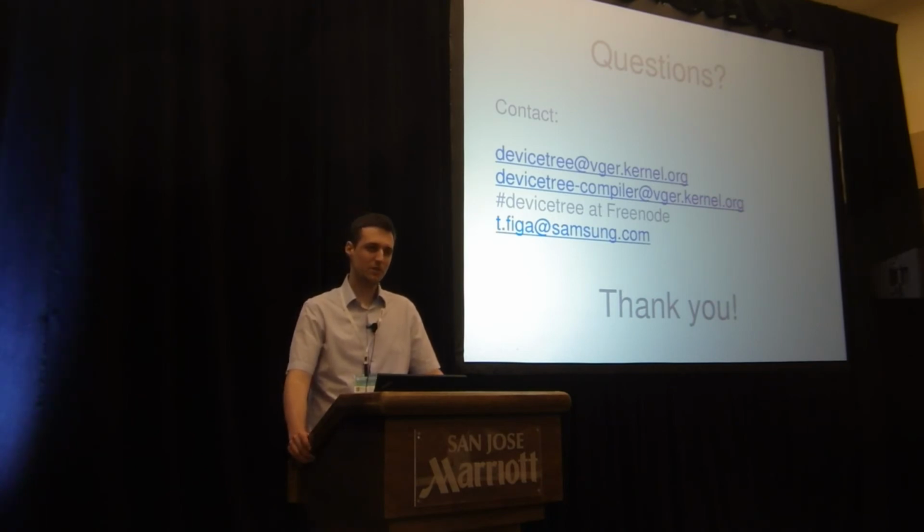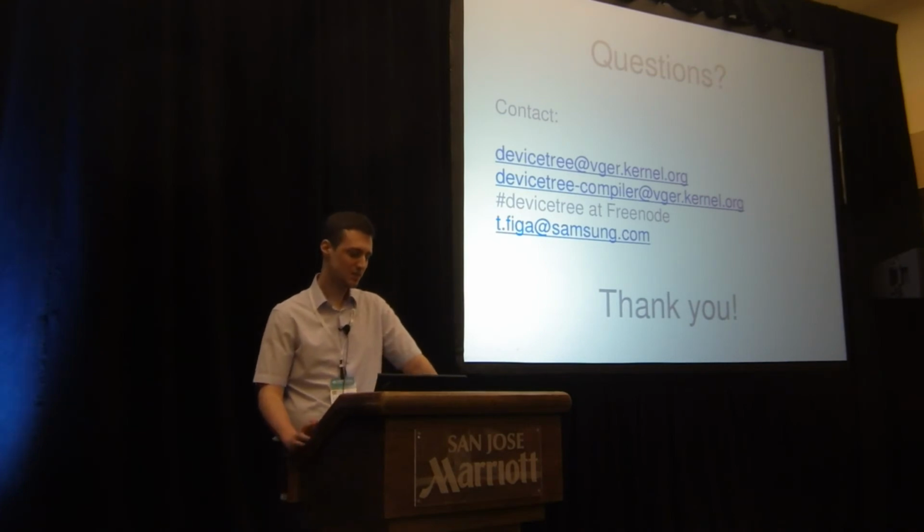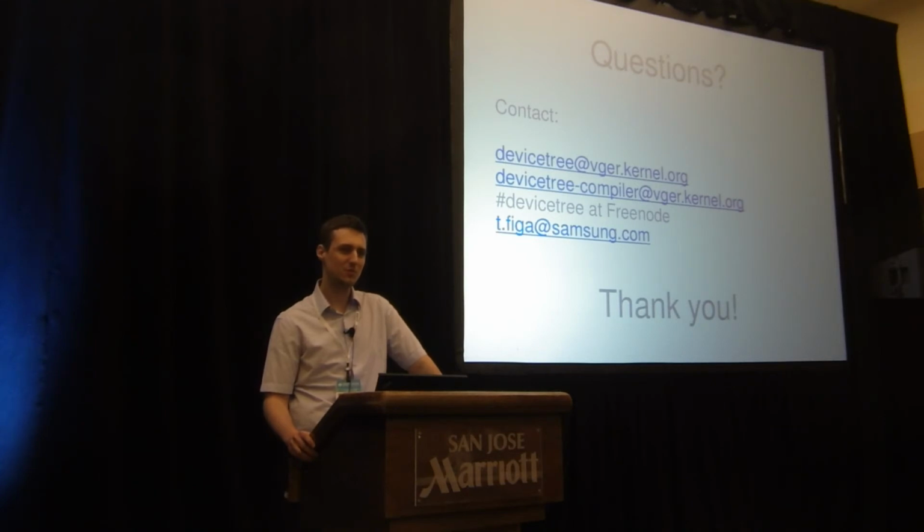Probably it would be quite useful to have a scripting language, but there is no strong opinion on this yet. We probably need to have some more discussion on this.